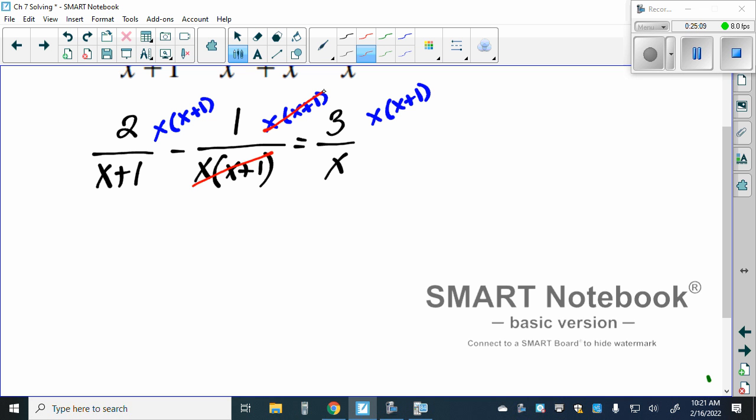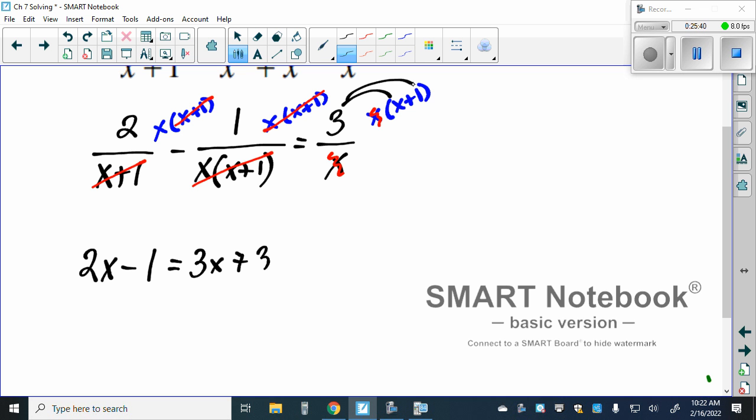And the first one, the x plus 1 and x plus 1 will cancel. Over here, the x and x will cancel, which leaves us in the first one with 2x minus... is equal to... plus 3, because if we distribute the 3 on through, 3 times x would be 3x, 3 times 1 would be plus 3.